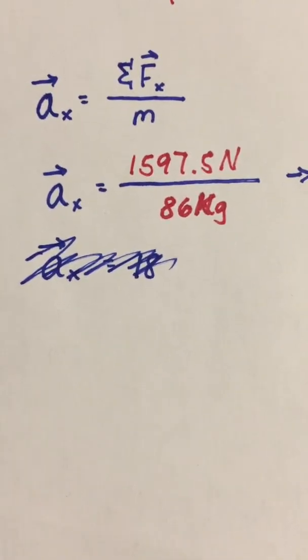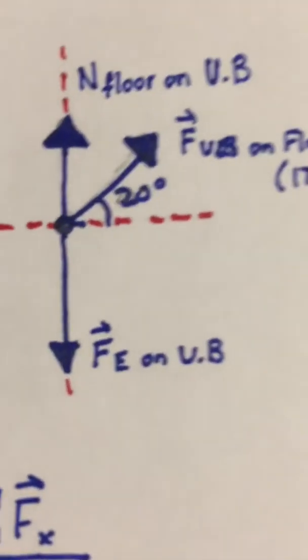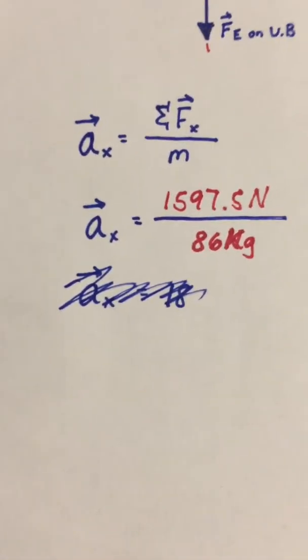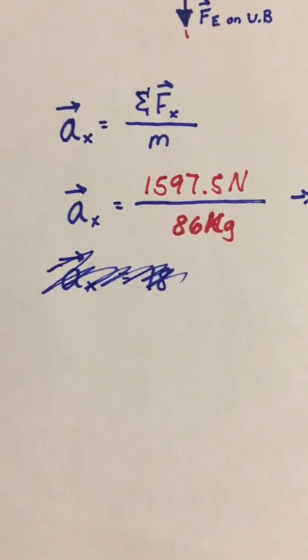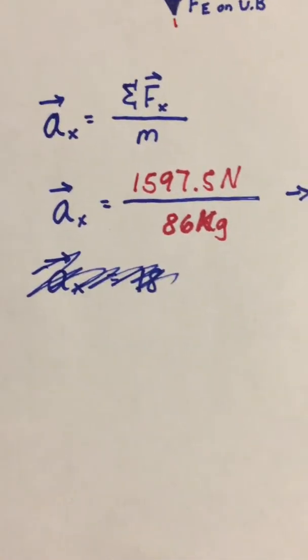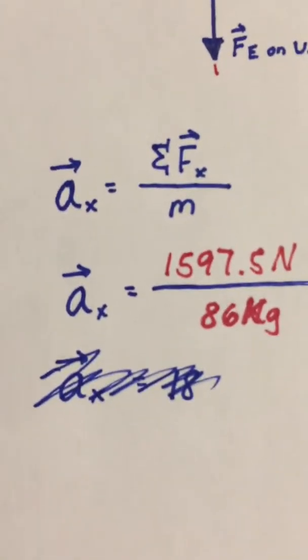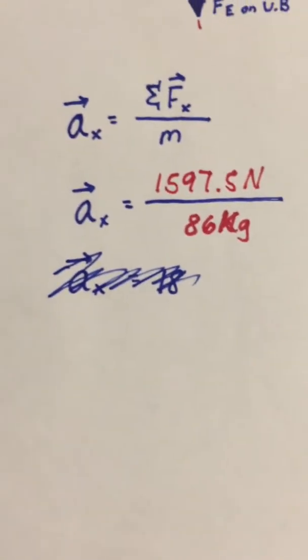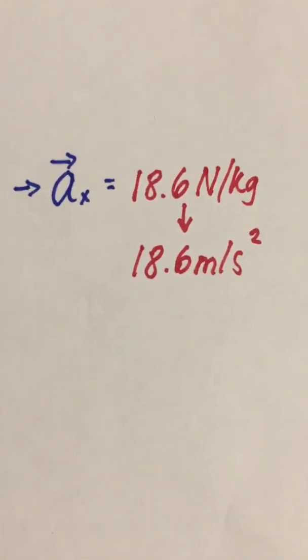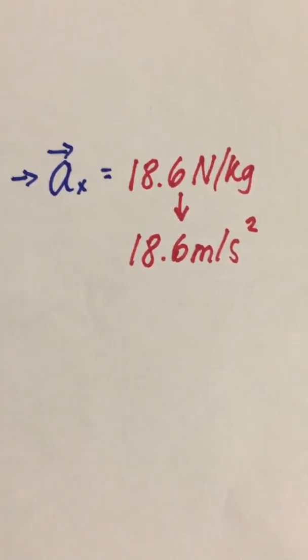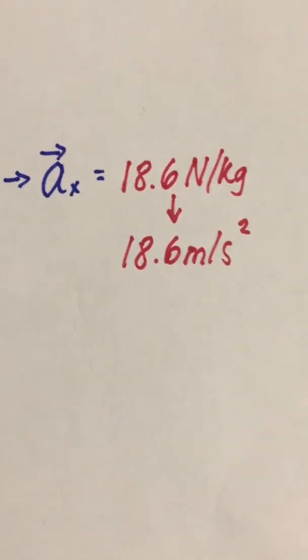We also know his mass is 86 kilograms. So to find the acceleration, we take the sum of the forces divided by the mass, and we get 18.6 meters per second squared, which is pretty fast.